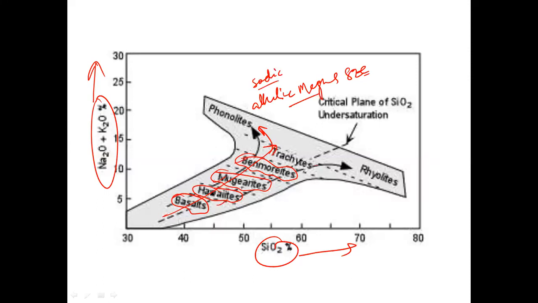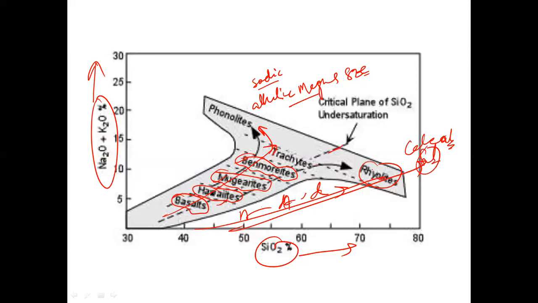ठीक है, और अगर ये if it will come here through andesite, dacite, basaltic andesite, dacite, then rhyolite, then it will be your subalkaline or especially calc-alkaline magma series.